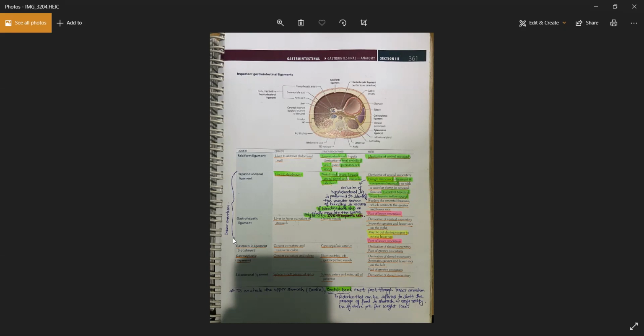These upper two are part of your greater omentum, and all of these three structures are derived from the dorsal mesentery. Okay, any doubt?